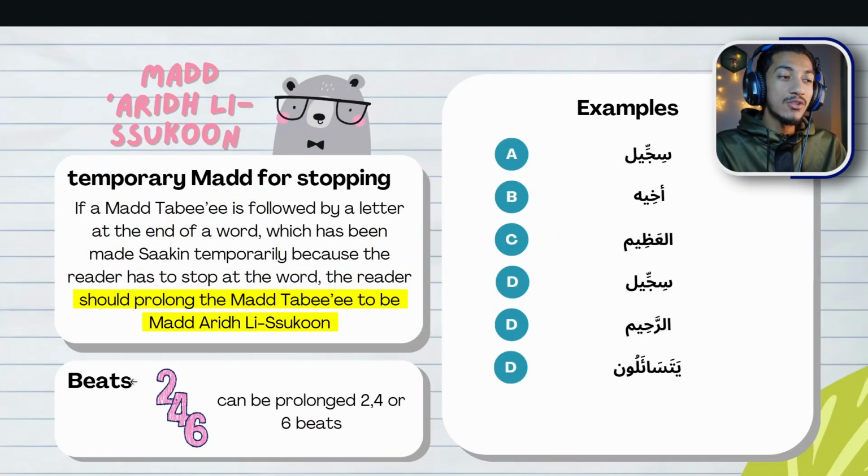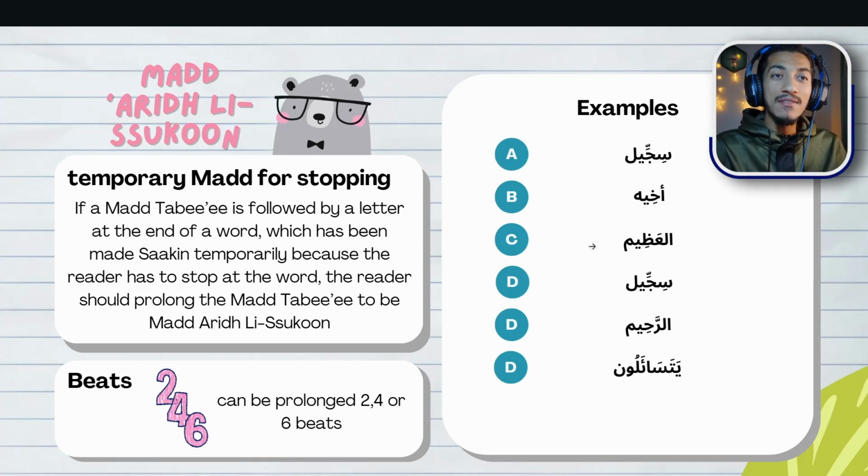How many beats? It's 2, 4, or 6 beats. Let's make it simple. If you have any kind of natural Maad, and there is only one letter after it, and you stop on this word, instead of making 2 beats as a natural Maad, you will do it 2, 4, or 6 beats. Commonly, we use 4 beats.